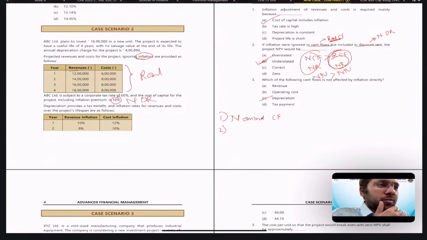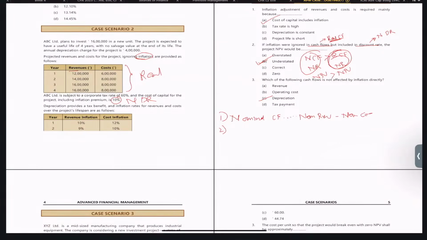Our nominal cash flow can be computed as nominal revenue minus nominal cost, multiplied by 1 minus t, where t is the tax rate, plus depreciation into tax.